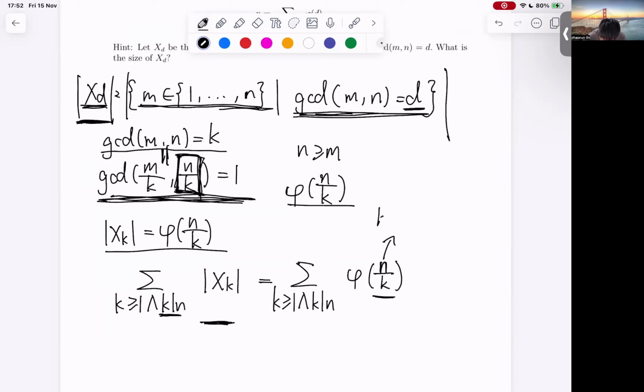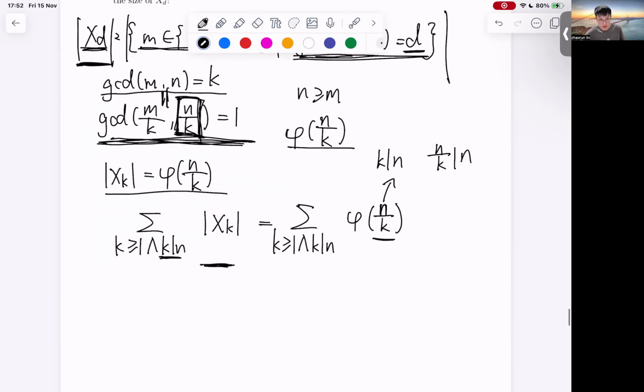Because we have k is a divisor of n, then n over k is also a divisor of n. So we can simply write it as d, because we're talking about the divisor of n. So now we prove this relation.